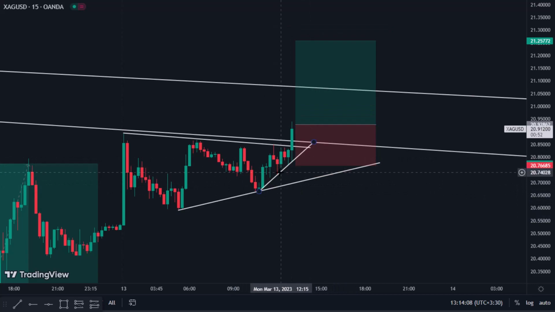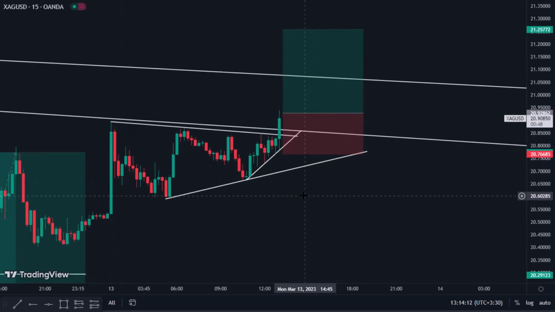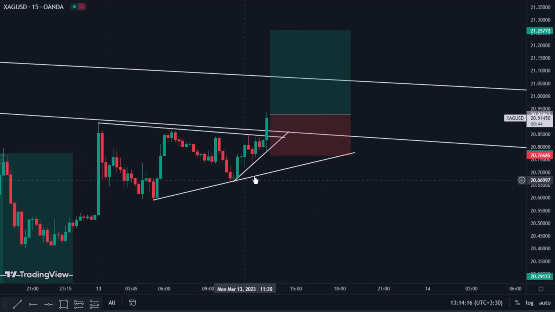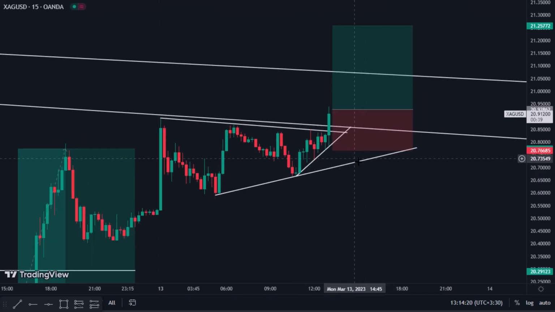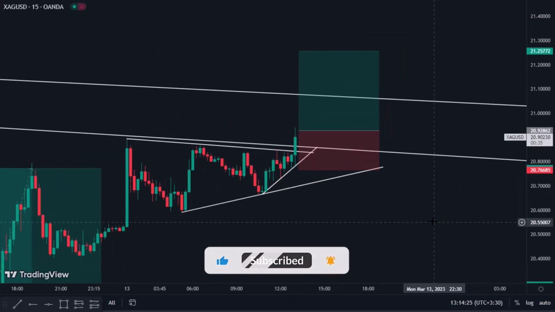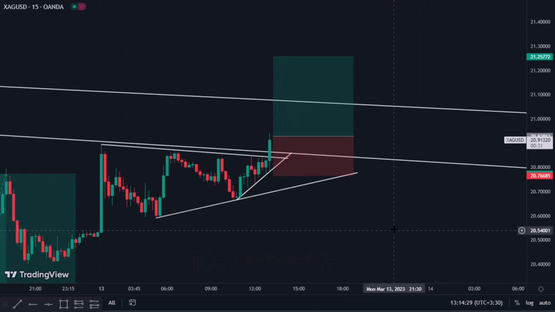If we see this trend line broken, we can go for sell positions too. Also we have to see this trend line, because this is also important. And we can also enter a sell position on this one too. It depends on your risk management and things like that.